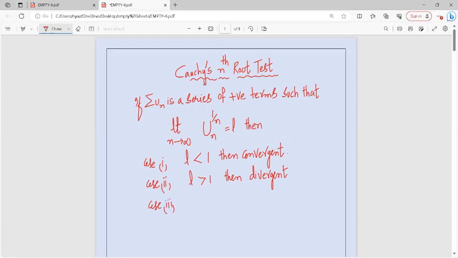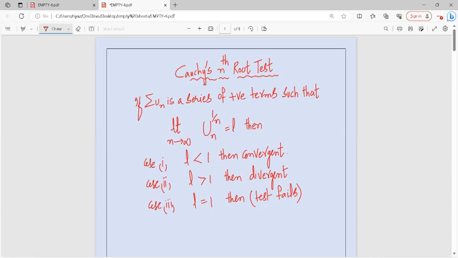If this value of L is equal to 1, then we say that the test fails. Once the test fails, we have to see for what value the test fails, and then we have to substitute that value and we continue.